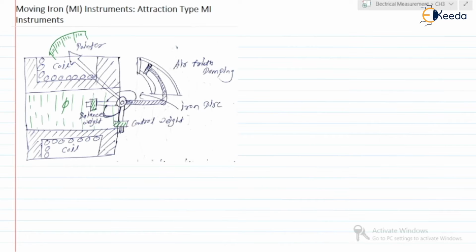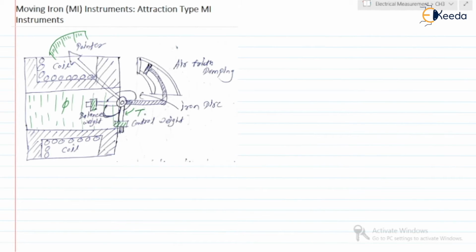This iron disc has a tendency to always get attracted towards the medium where the reluctance is lesser. So when the current flows through the coil, the flux is set up in this portion, and due to that this iron disc gets attracted towards the field area.